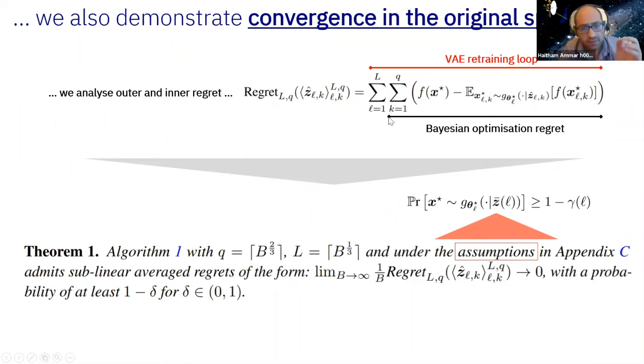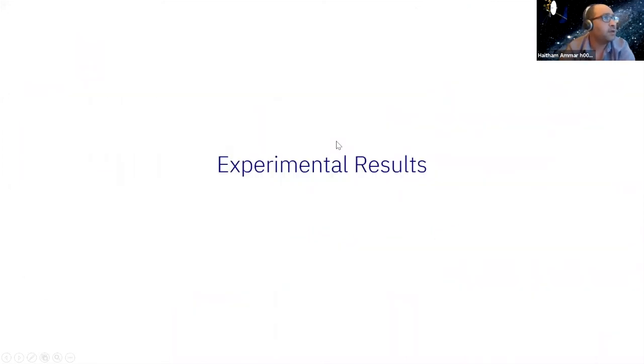And we know that this assumption is not necessary to guarantee convergence. There's something weaker that we could do to guarantee convergence. But yeah, this is an early study, to be honest. As far as I know, this is the first regret proof of latent space Bayesian optimization convergence. So although we don't like this assumption, it's worth at least putting this work out, so maybe somebody could improve it. Right, so now let's jump to experiments.